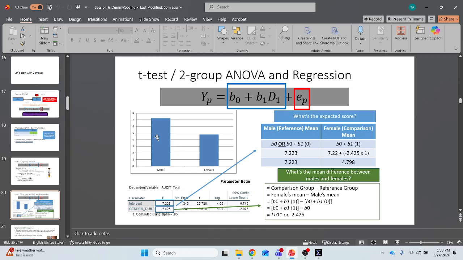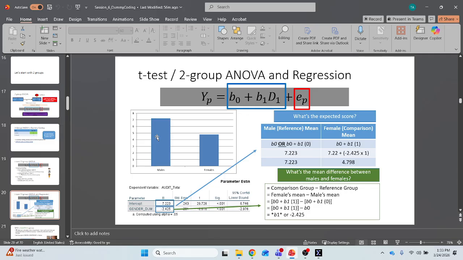That is where you find the slopes. So again, that intercept pertains to the reference group. So that's this one, right? So, this one. Okay?